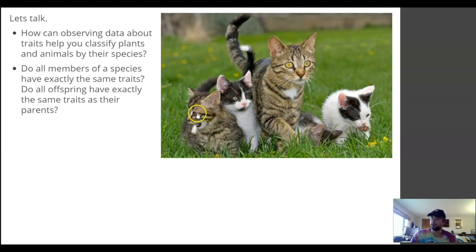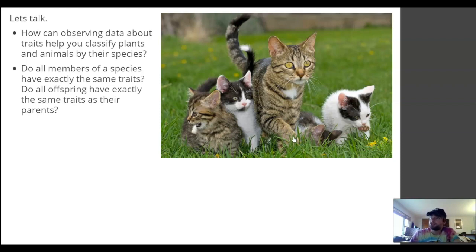They all have cat-like eyes. They have a pointy nose. They have whiskers. They have similar patterns of fur, and they have tails that go up. Those are all a lot of the traits that help us classify them as the same species. And they look a lot different than dogs, for example, which are a different species.